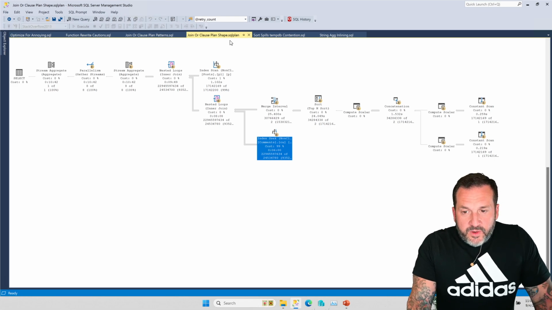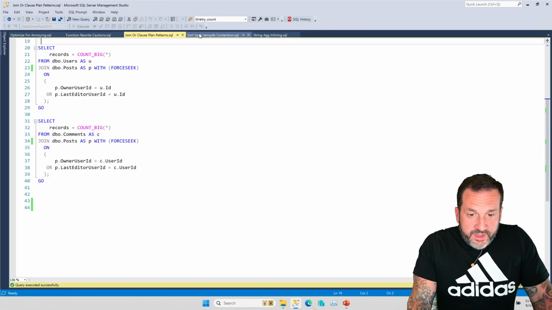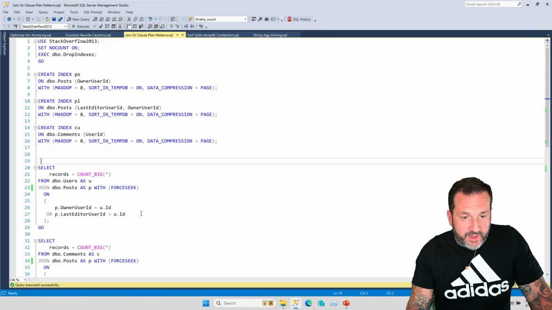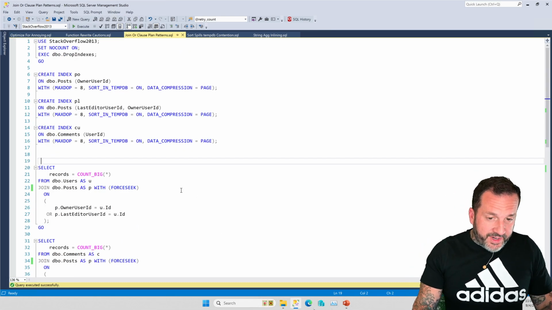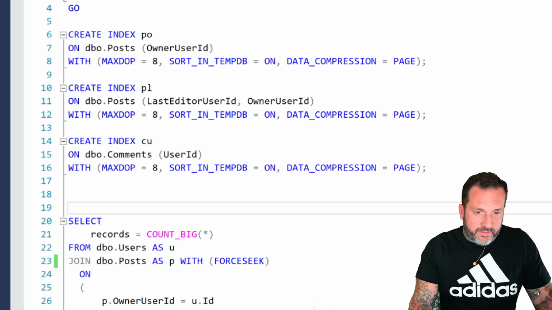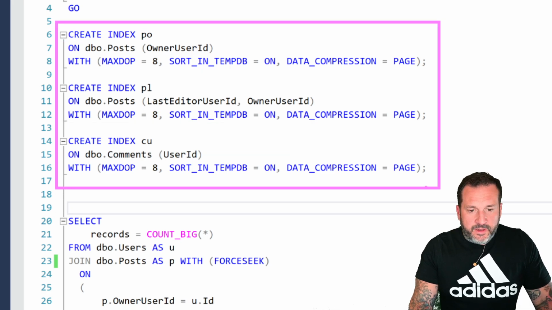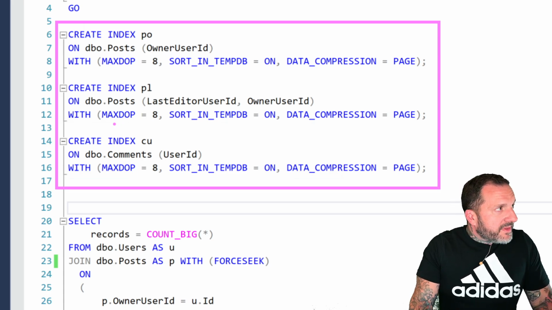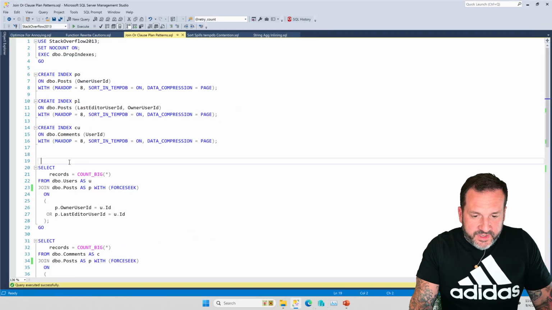The reason why this is so absolutely frustrating is because SQL Server could naturally choose a much better plan, but it just doesn't. So one thing that we can always try, assuming that we have adequate indexes in here, and by adequate indexes, I mean the tables and columns that we're joining on are all properly indexed, is this.